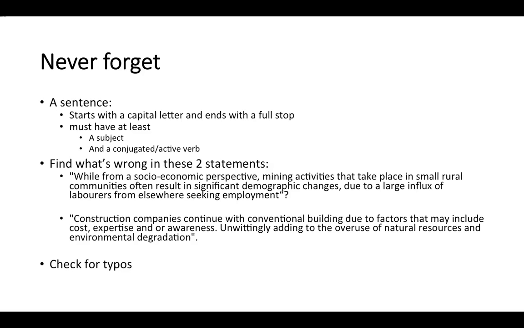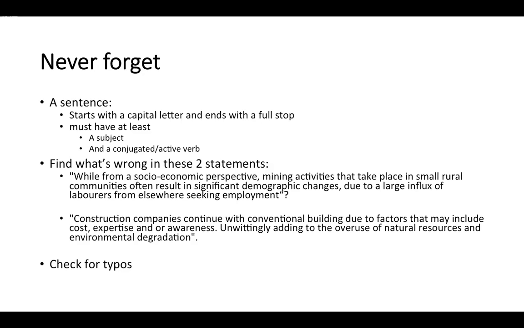I give you one example below. Look at the second bullet point. See, I put it in inverted commas because it's from a student. I'm reading it: Construction companies continue with conventional building due to factors that may include cost, expertise, and/or awareness.